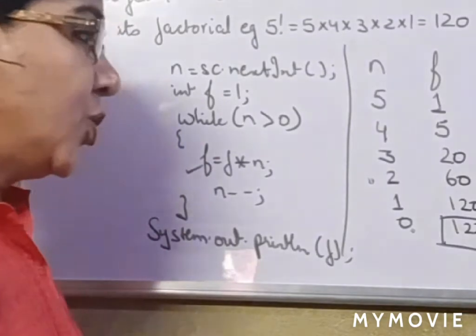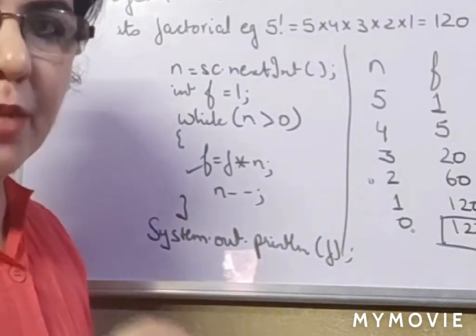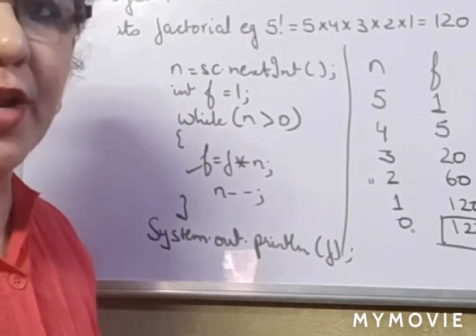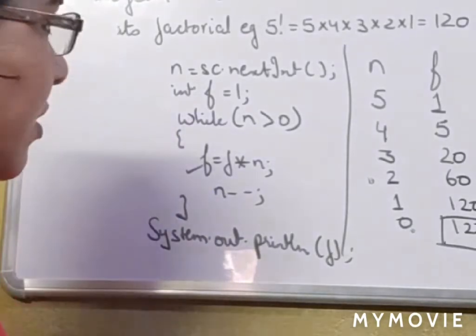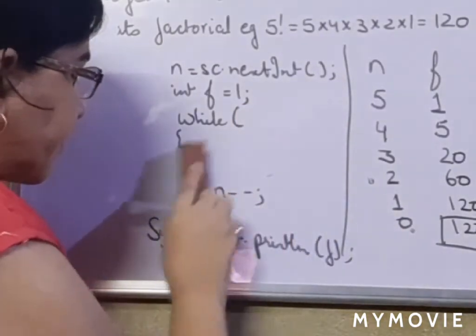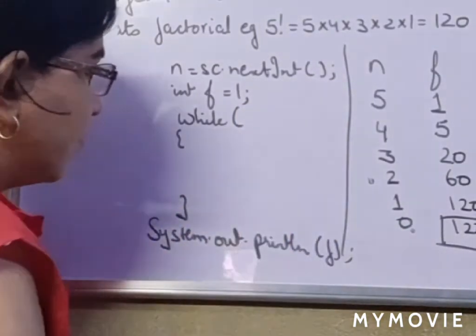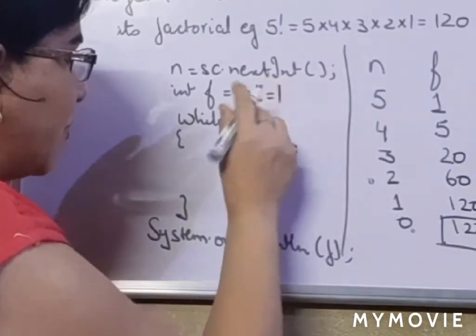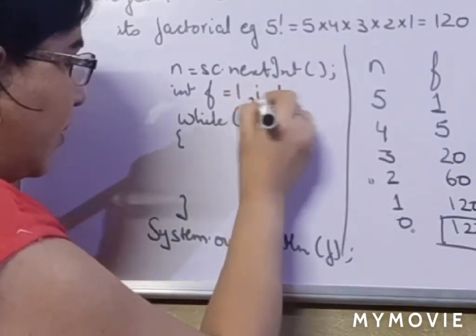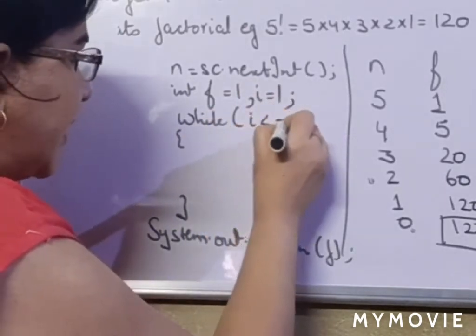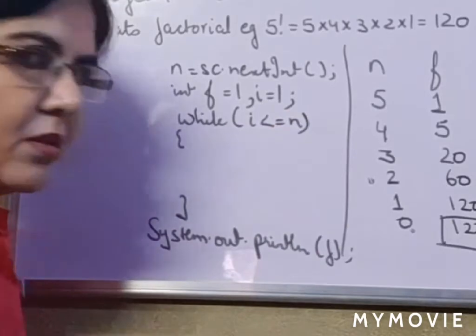There is another logic also to calculate factorial. Why I am showing you factorial? Because in special number we need the loop for factorial also. So let's see the other logic also. In this case we will keep one variable i as 1. And we will say while i is less than equal to n.